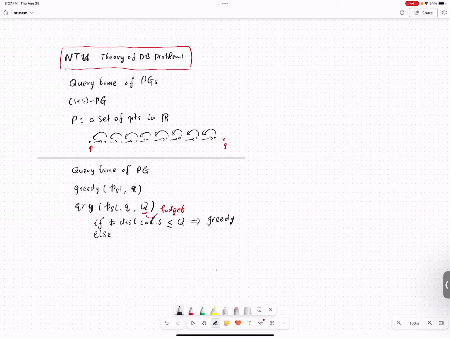Now, today our goal is to prove this main theorem. The theorem says that this ANN guarantees query time Q, which is big O of 1 over epsilon to the lambda, times log squared delta. This is the theorem that we try to prove today.